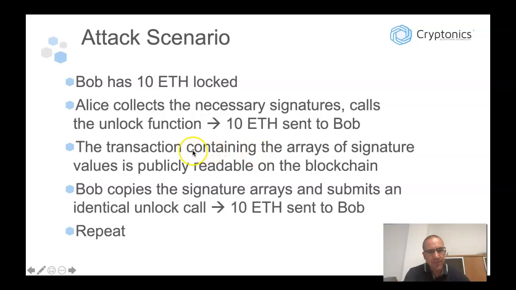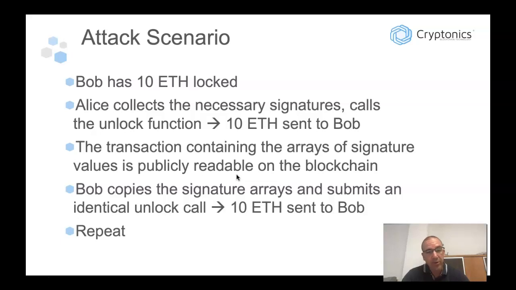Now, this transaction contains the array of signatures. It is publicly readable on the blockchain. So Bob can just reuse it. You can see what Alice has done for him, copy this transaction, or the data of this transaction, obviously not the whole transaction, and just create his own transaction to the unlock code, submitting again these 5 signatures to unlock 10 ETH for himself.